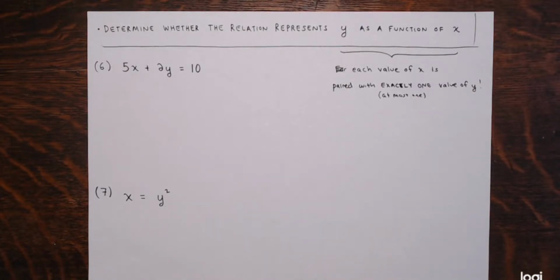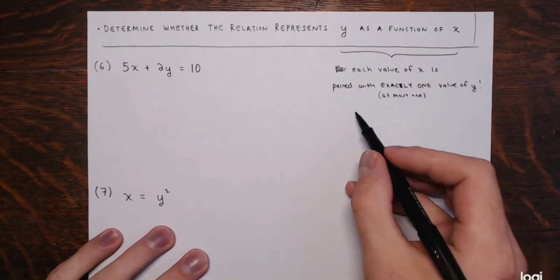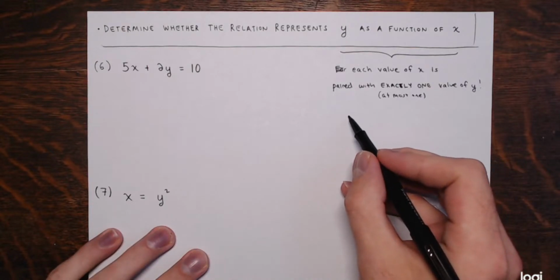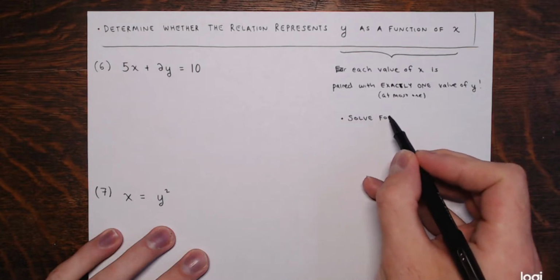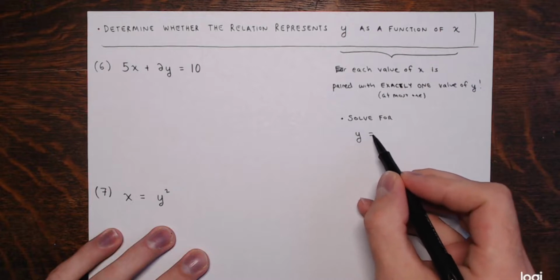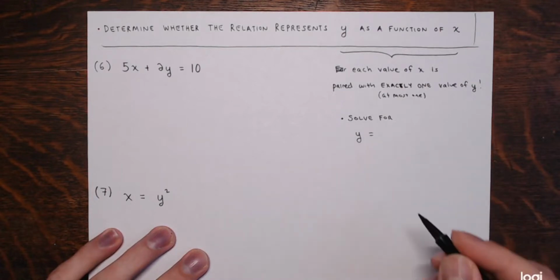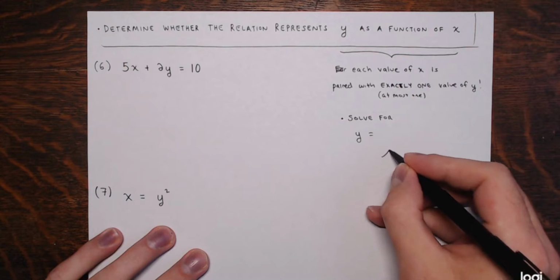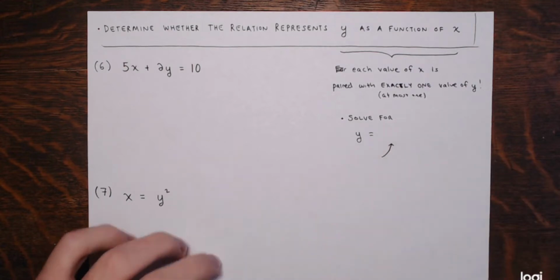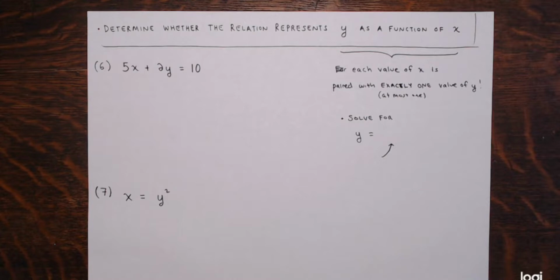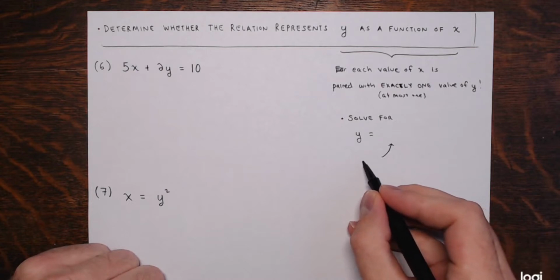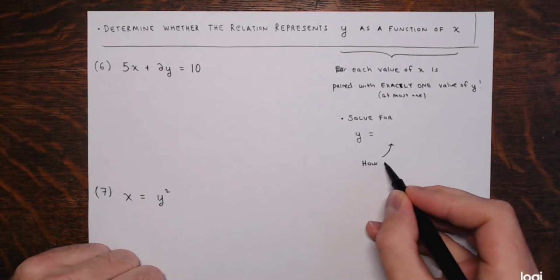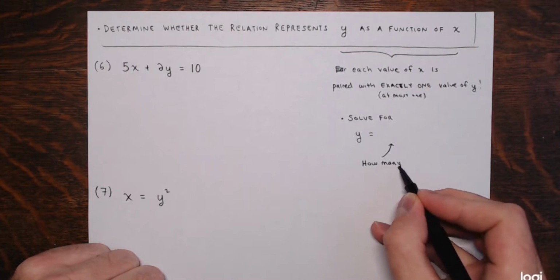All right. So what we're going to do here is we're going to solve each of these for y. Get y by itself, and then ask yourself the question, is there only one expression involving x that can be equal to y? So how many expressions involving x are over here?